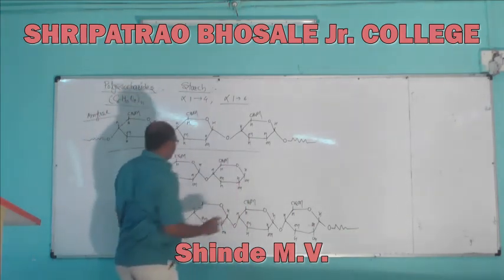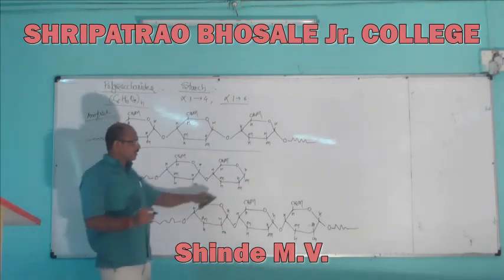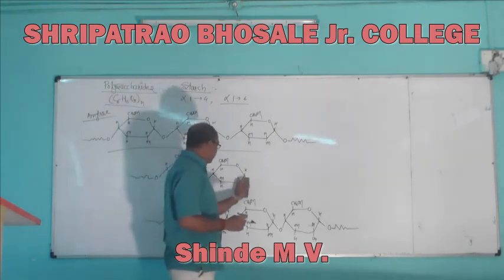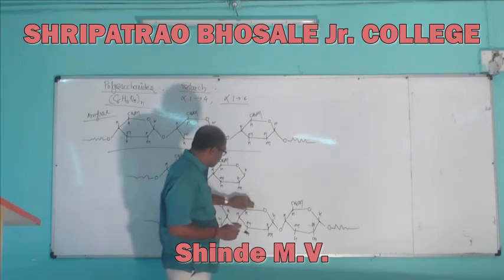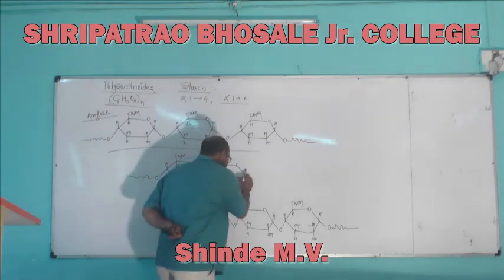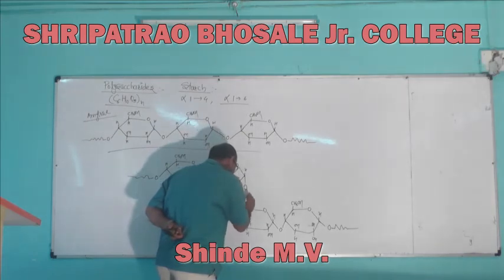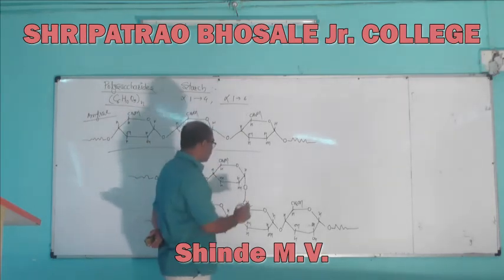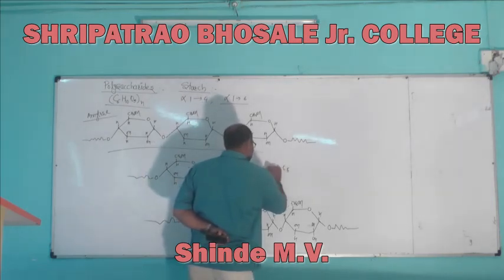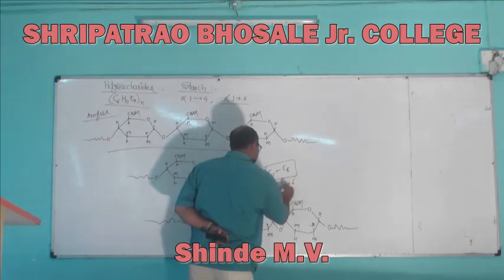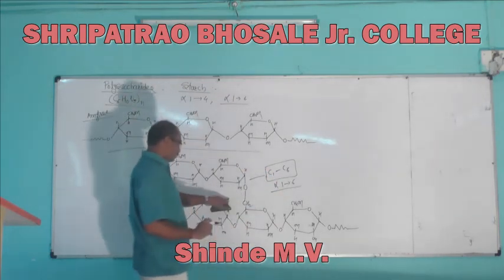Observe the structure of amylopectin. These two chains are attached to each other at the C1 with the C6, or you can say alpha 1 to 6 glycosidic linkage.